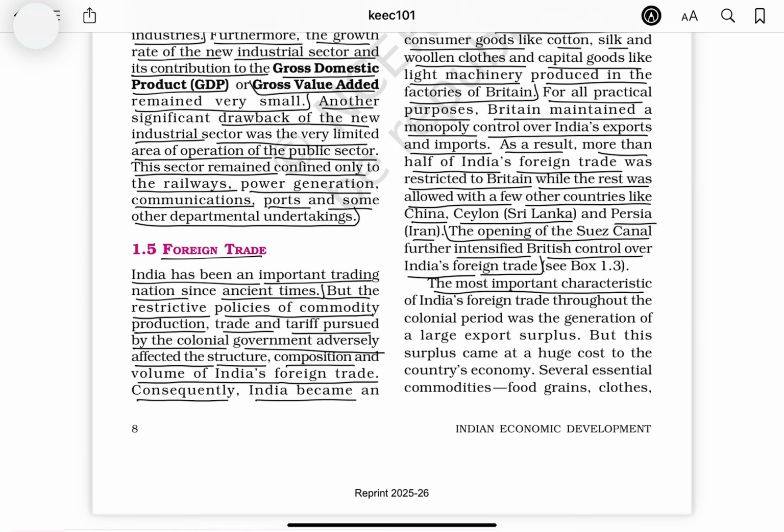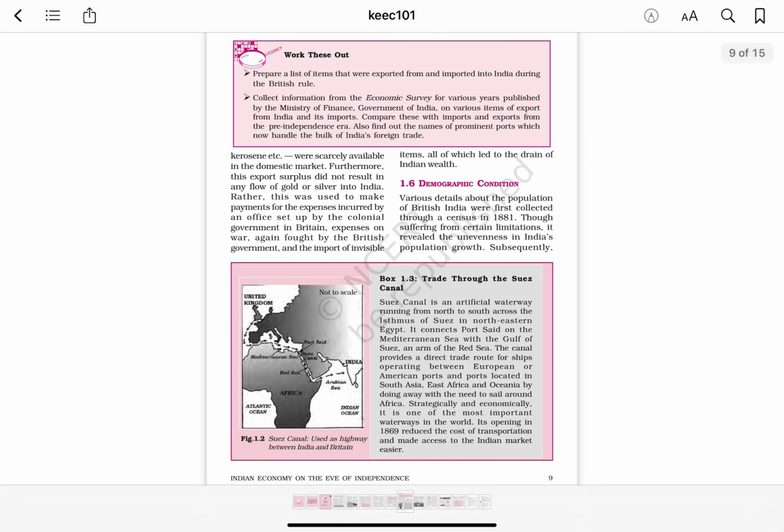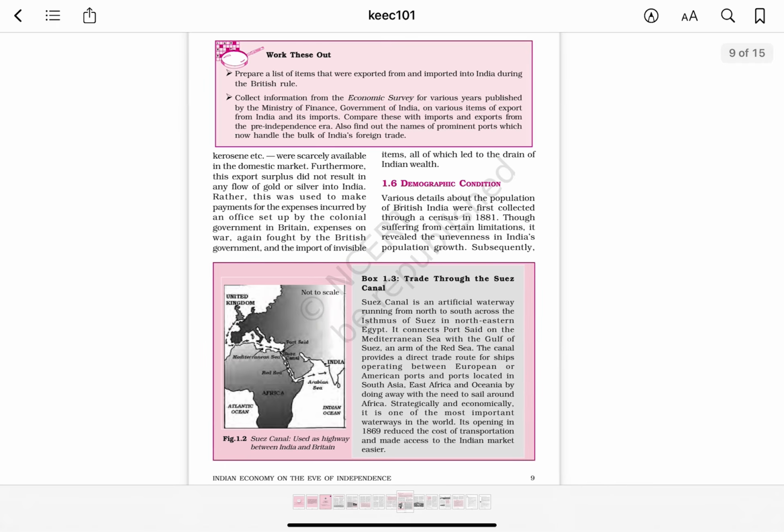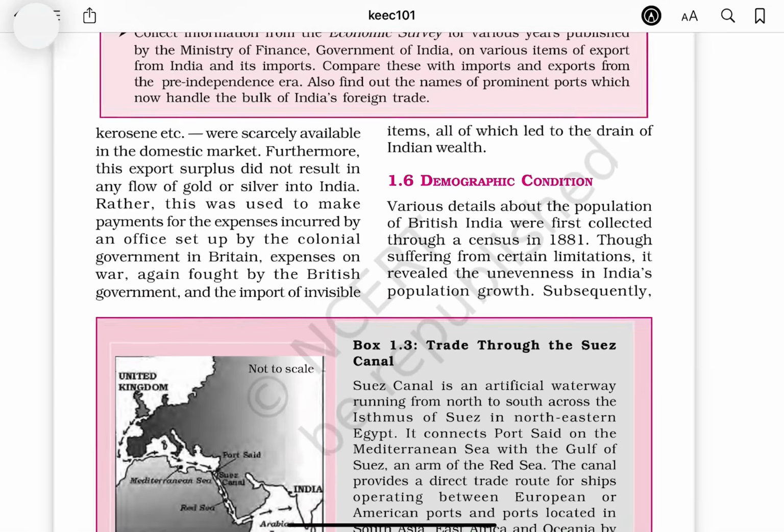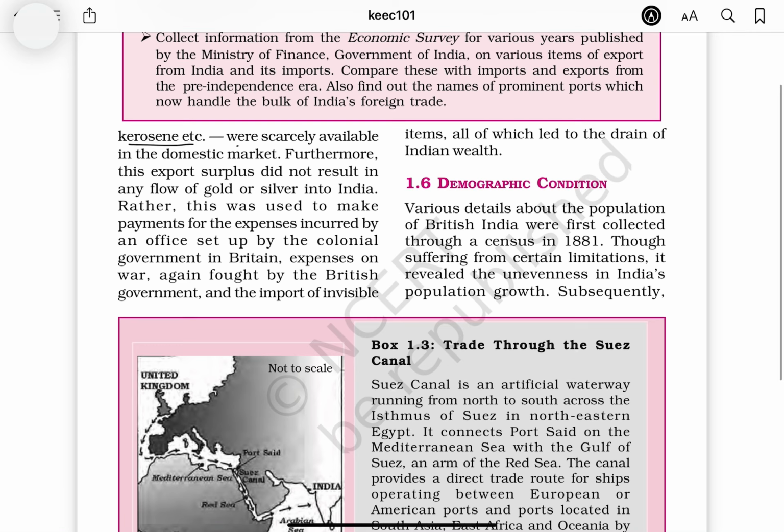The most important characteristic of India's foreign trade throughout the colonial period was the generation of a large export surplus. But this surplus came at a huge cost to the country's economy. Several essential commodities, food grains, clothes, kerosene, etc., were scarcely available in the domestic market.